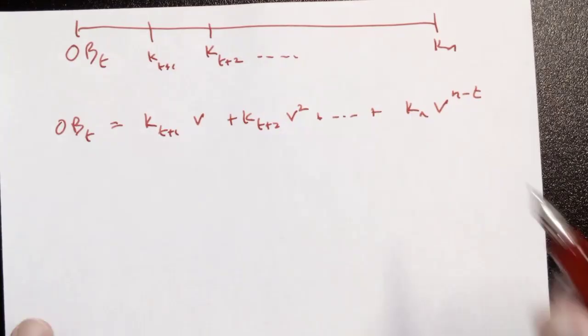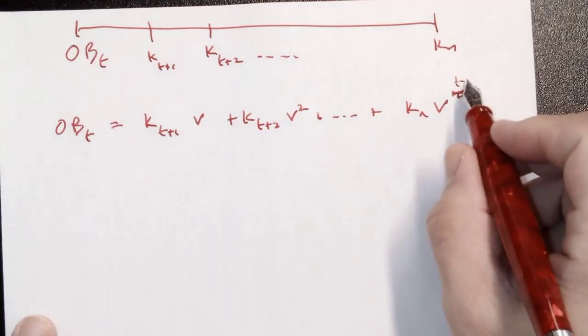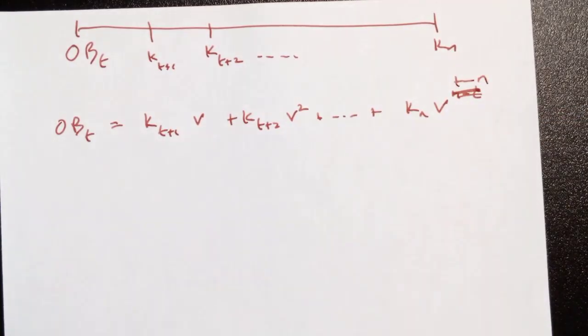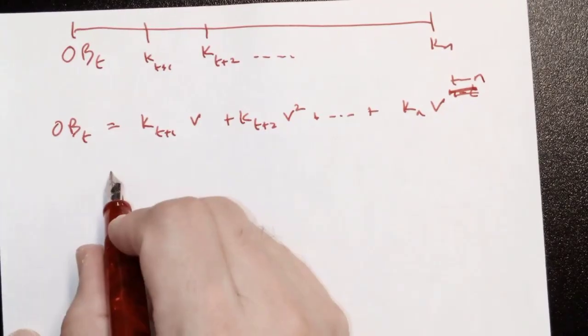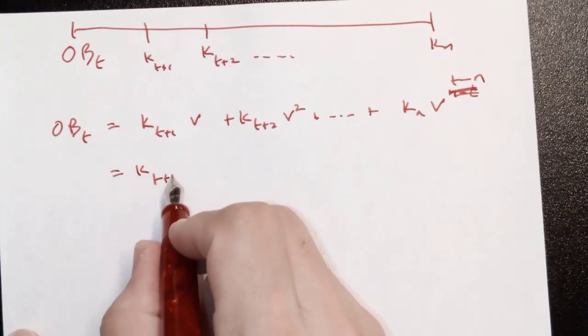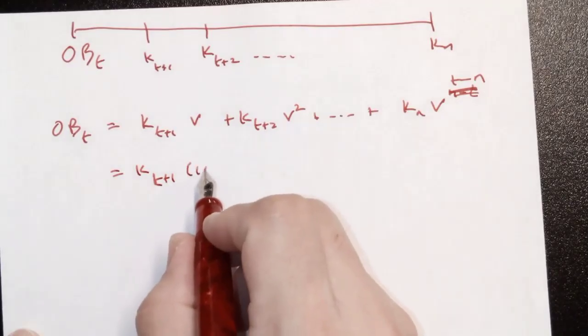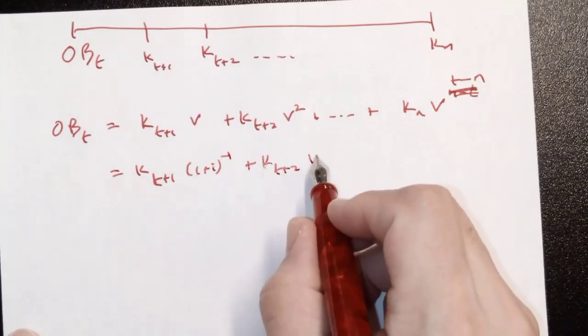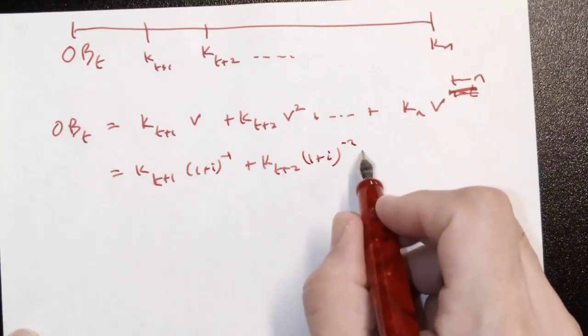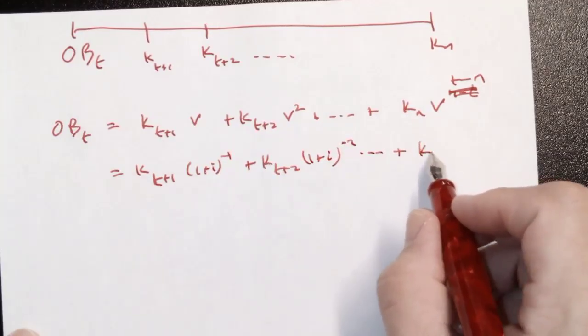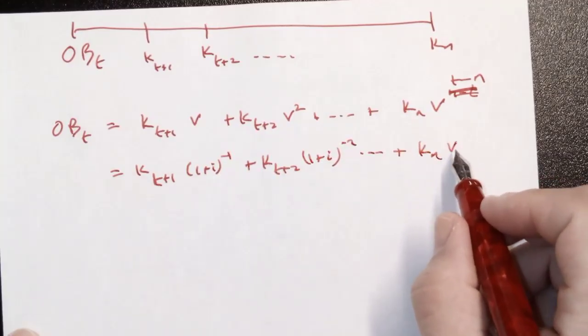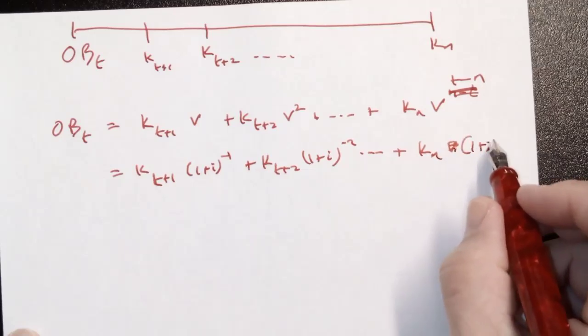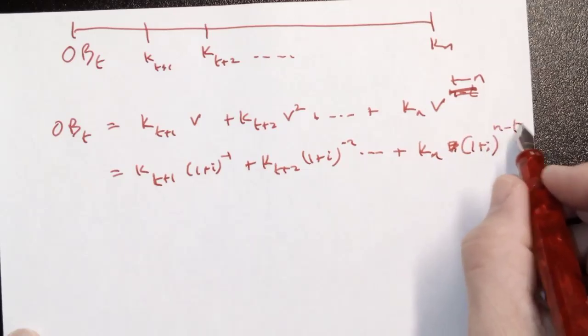Oop, sorry, t minus n. I realize I wrote it the other way in my notes. K t plus 1, 1 plus I to the minus 1, K t plus 2, 1 plus I to the negative 2. And that's why I have Kn, 1 plus I to the n minus t.